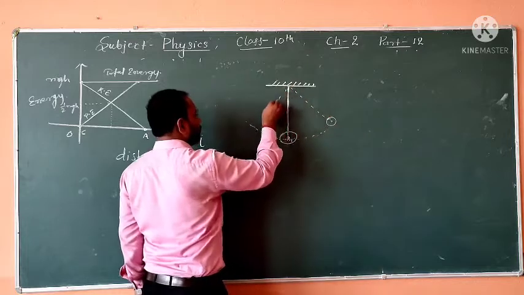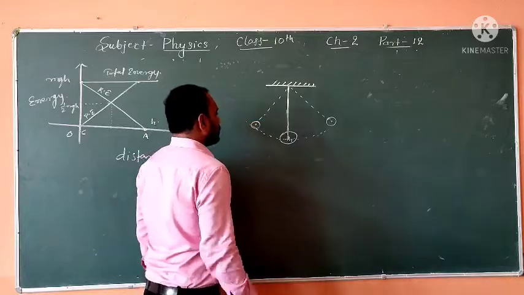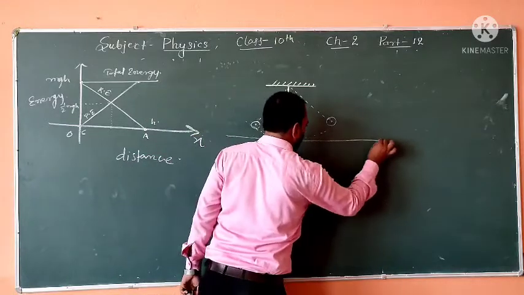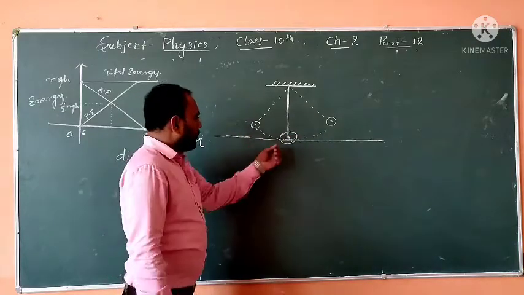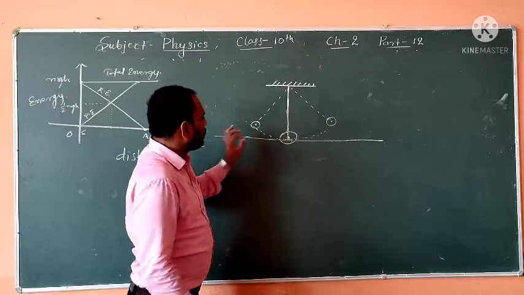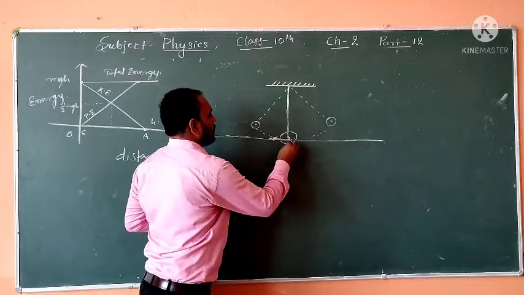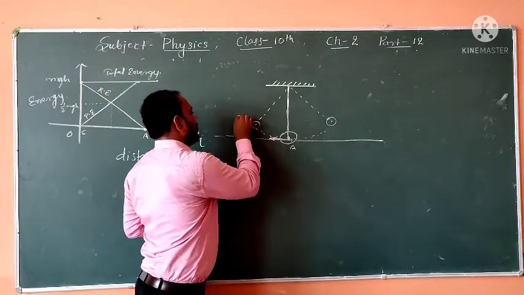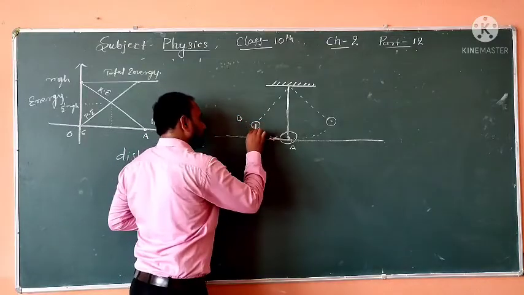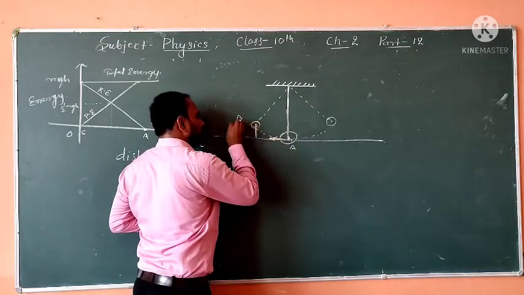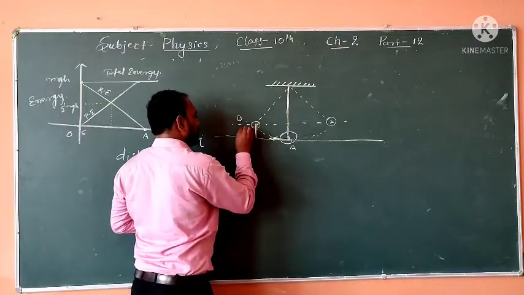If you apply some force to bring it from position A to position B, the body will rise up to a height. Let's suppose that this height is h here.